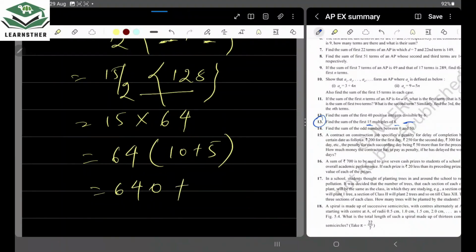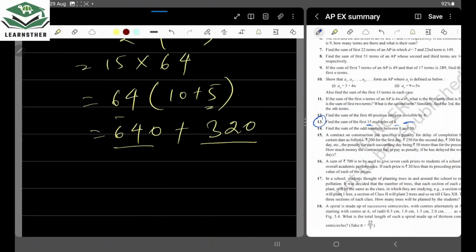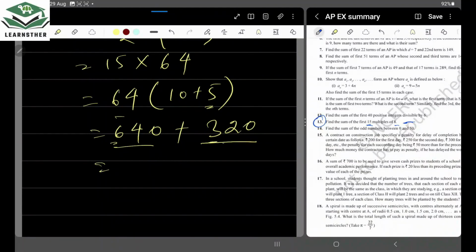Okay, 640. For 5 it will be half of 640, so 320. So it will become 600, 300, 900, 940, 960. So this is the answer, the sum of the multiples of 8 up to 15 terms.